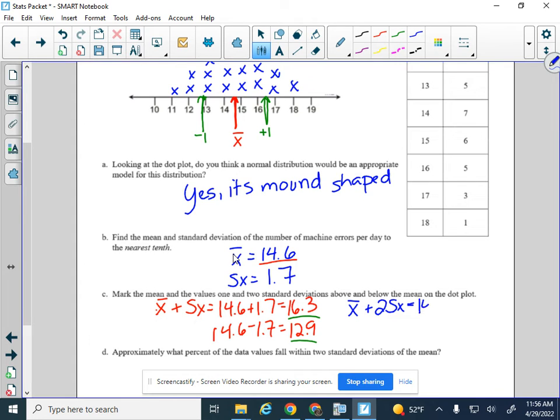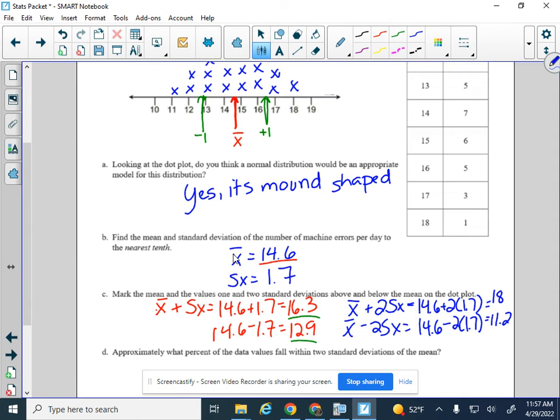So that would be 14.6 plus 2 times 1.7. And then in the opposite direction, since this is our first time with this, I'll write it down. The mean minus 2 standard deviations. So that gives me 18 and 11.2.